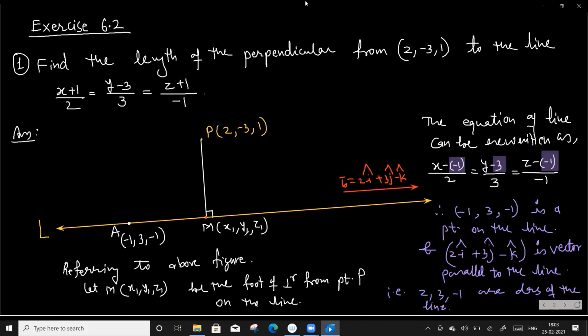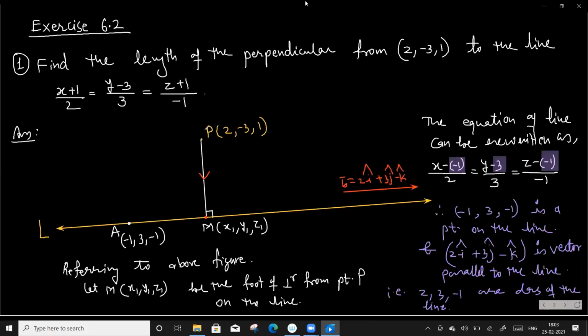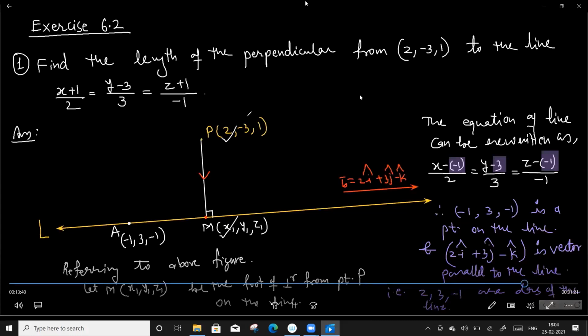The first thing I will do is I shall find out the DRS of PM bar. What is the DRS of PM bar? You know, DRS of PM bar will be x of this minus x of this, y of this minus y of this, z of this minus z of this.